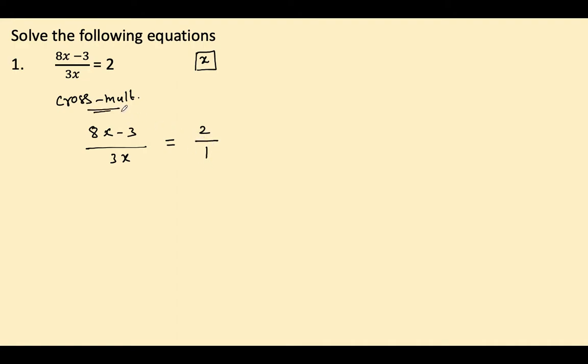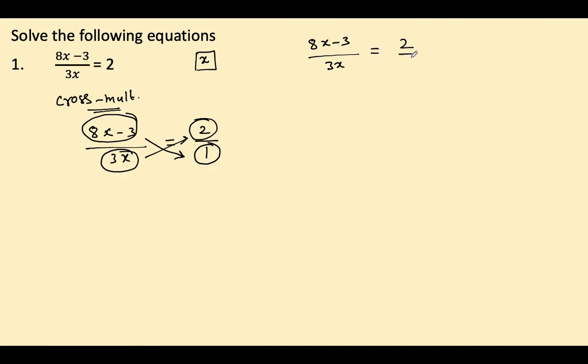When I say cross multiplication, we mean we multiply the numerator on the left hand side with the denominator on the right hand side, and the denominator on the left hand side with the numerator on the right hand side. So we have (8x minus 3) by 3x is equal to 2 by 1.